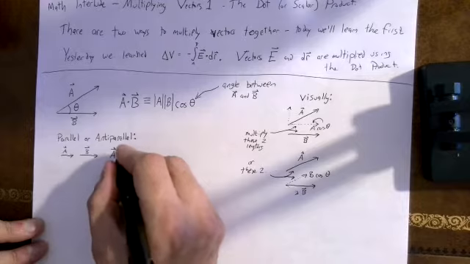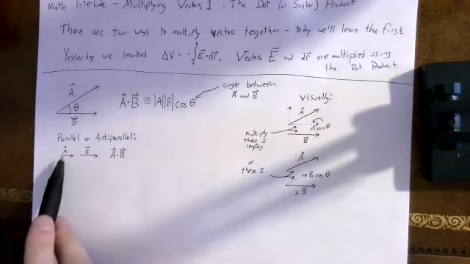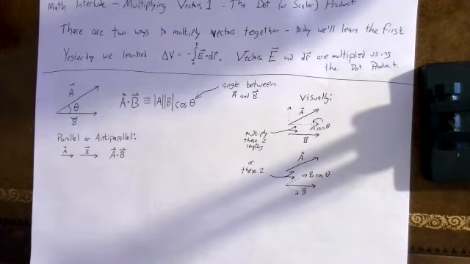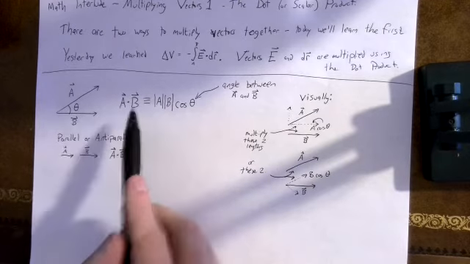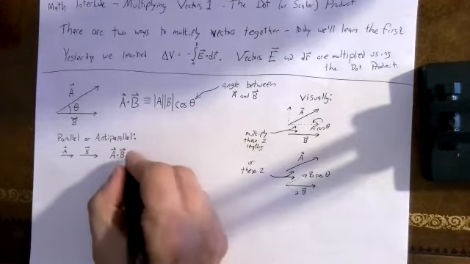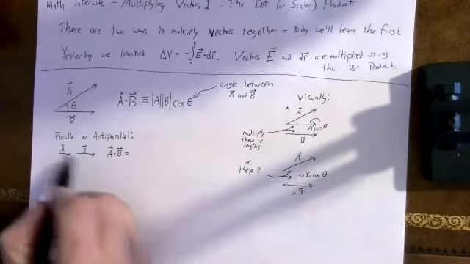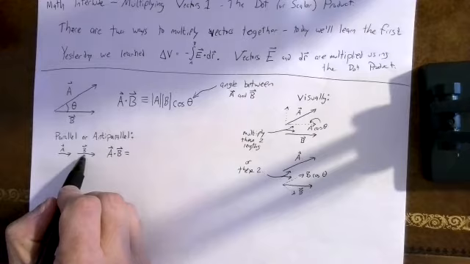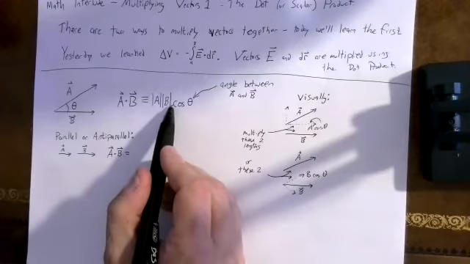Or what I'm asking is, what would the angle be between vector A and vector B if they're pointing in the same direction? Can you rephrase that question? I only understood part of it. Yeah, so I want to use this formula here to figure out the dot product of A and B. In this case, I have two vectors that are parallel to each other. So what am I going to get for my dot product?